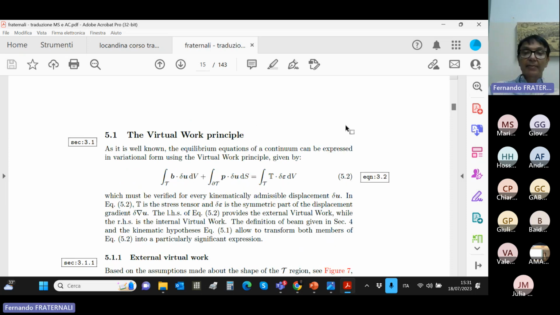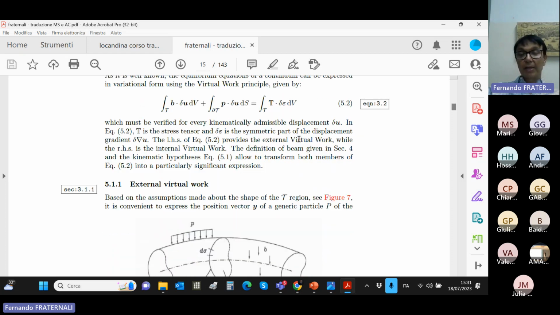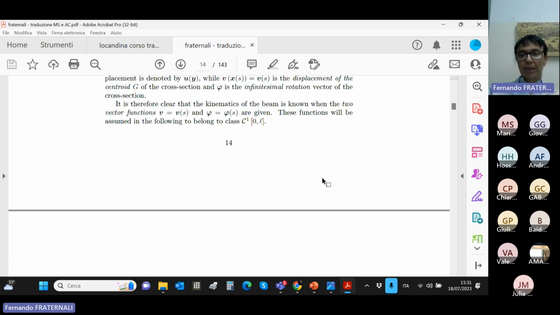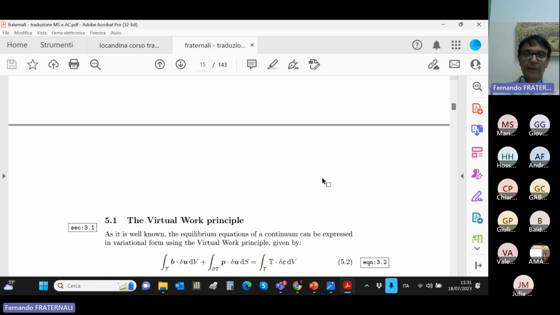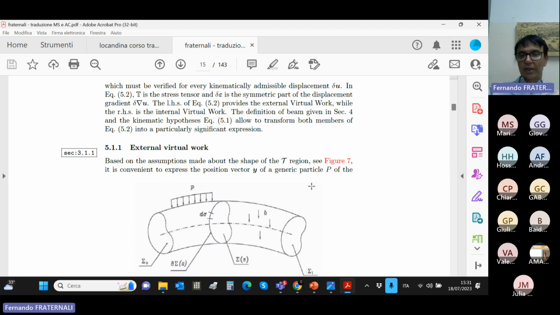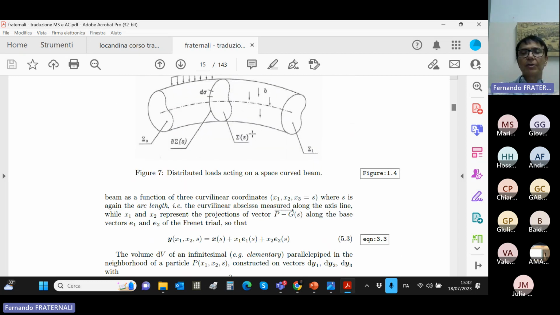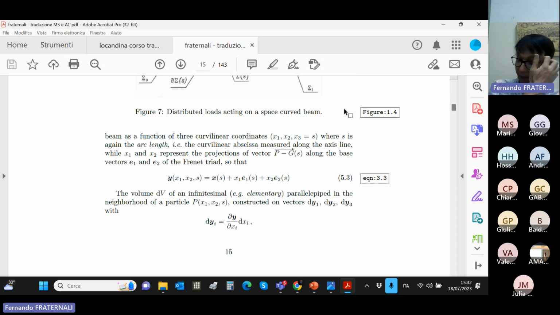By writing the principle of virtual work of 3D continuum mechanics for the displacement field that we are assuming, we obtain a one-dimensional expression of the principle of virtual work, and we obtain the differential equilibrium equations of the beam. So I won't go through the details. I just want to summarize two results that have been presented yesterday.